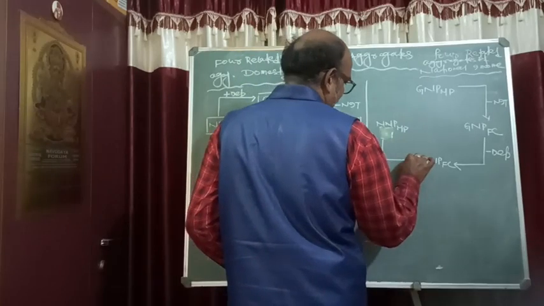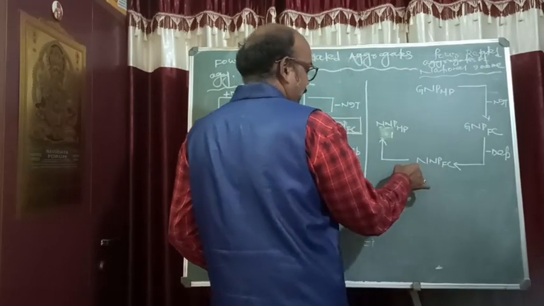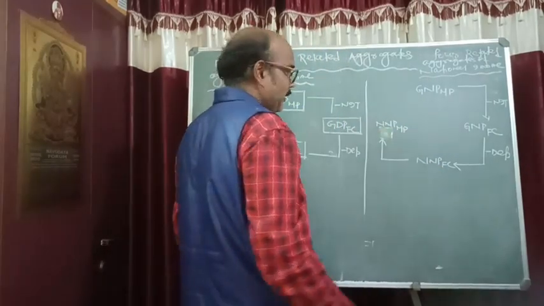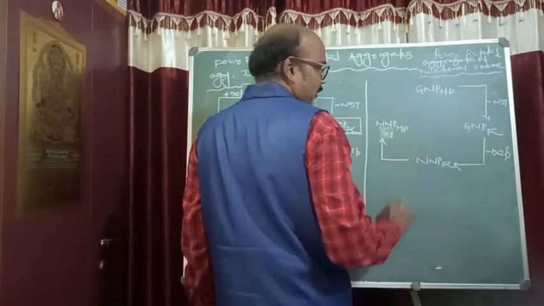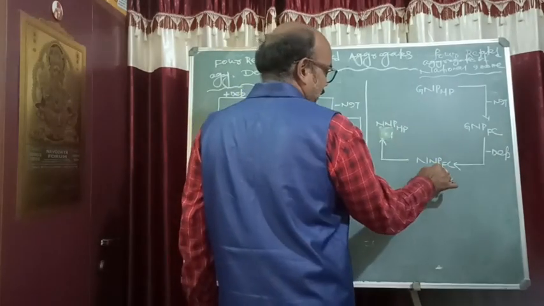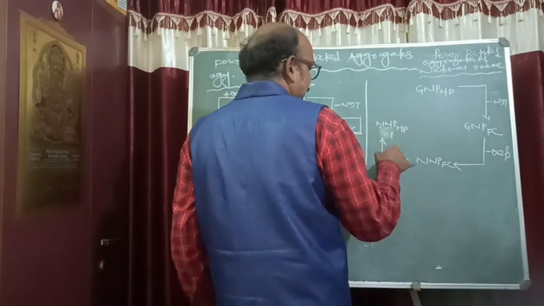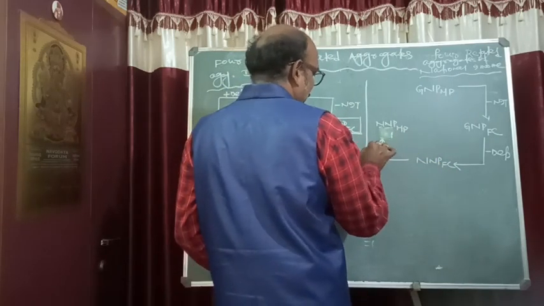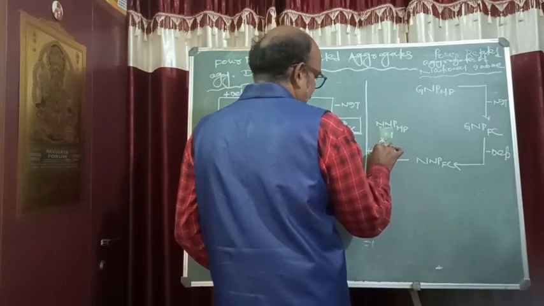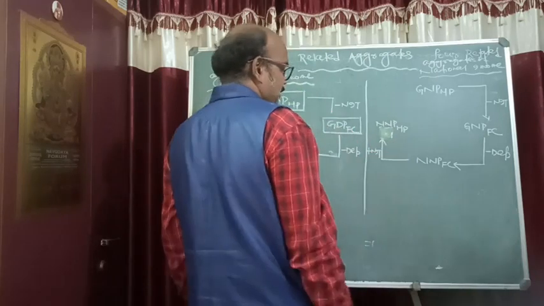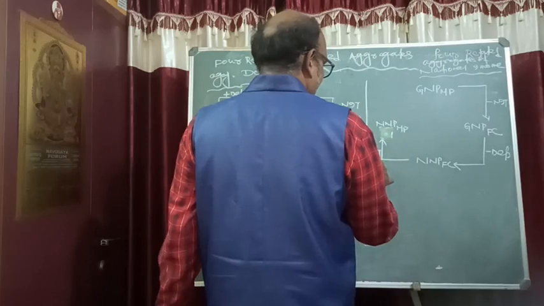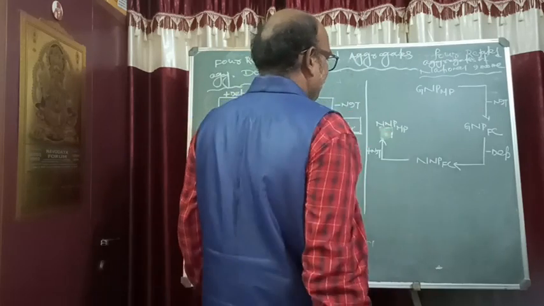Similarly, NNP-FC is there, and you want NNP-MP. So N, N, P, P all are the same. Only market price and factor cost differ. FC is given, MP is required. So plus NIT, indirect tax. If you add indirect tax to factor cost, then you will get market price.